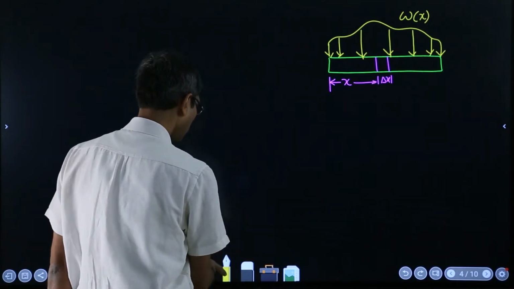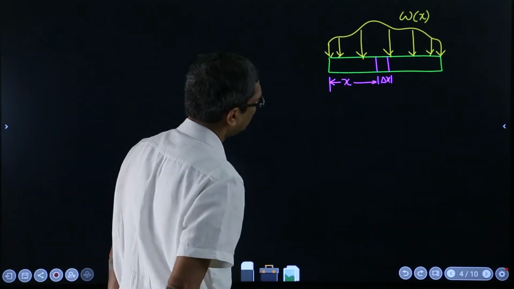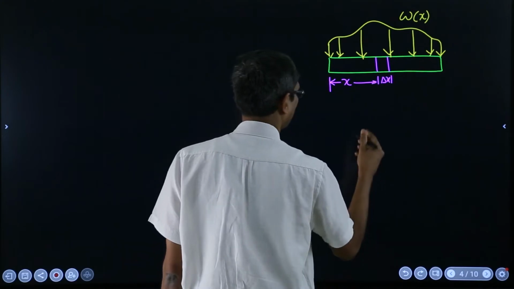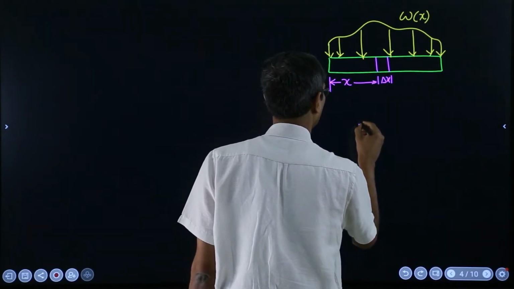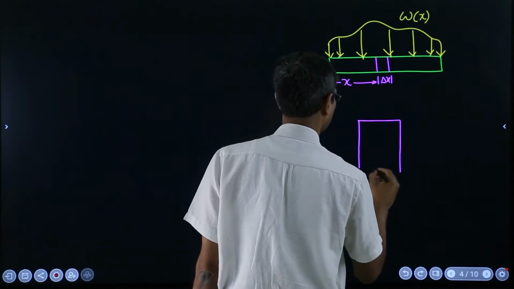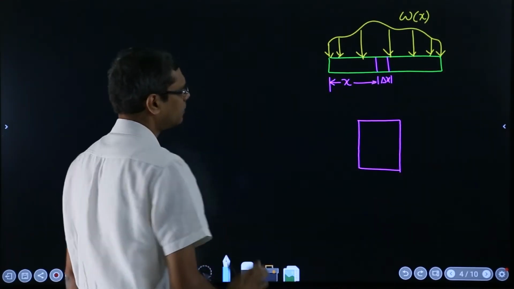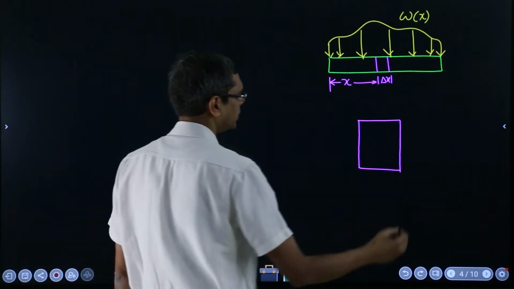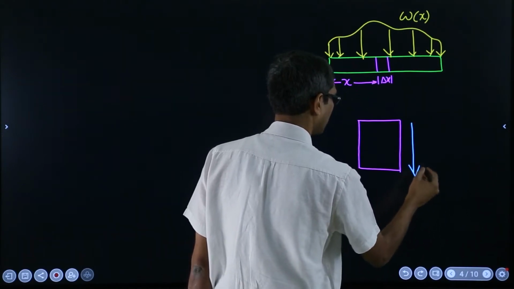Then what you can do is draw the free body diagram of this small segment. Let me draw this in a bigger form. And now on that you will have to show the shear force and bending moments like this.